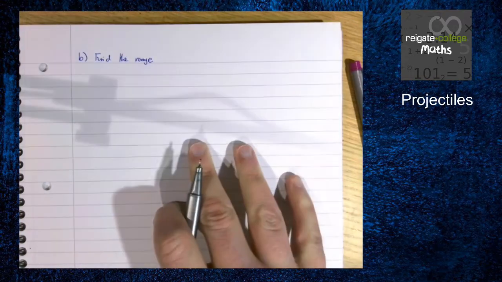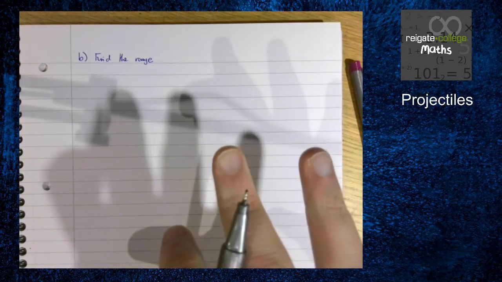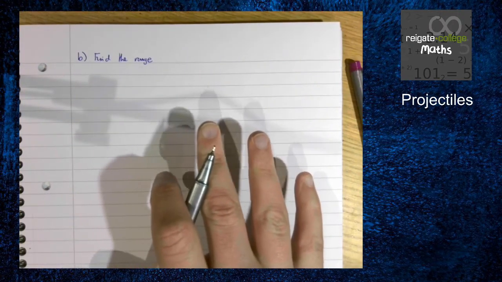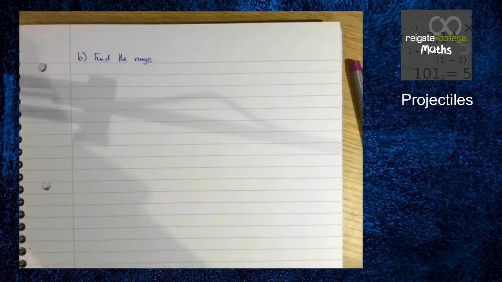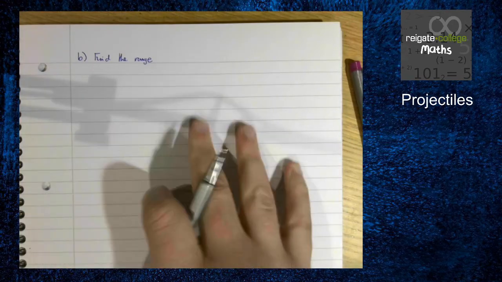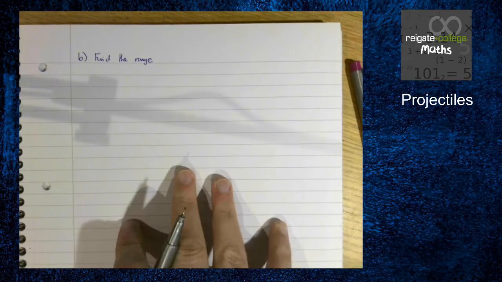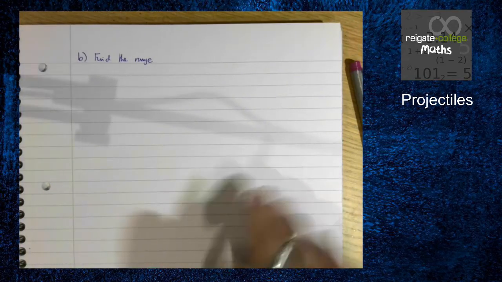I'm going to go through this the long way as well, because this may just be the question. Here's a projectiles thing, find the range. And if you know this method, it's actually much quicker than doing your part A, doubling the time to find the range.